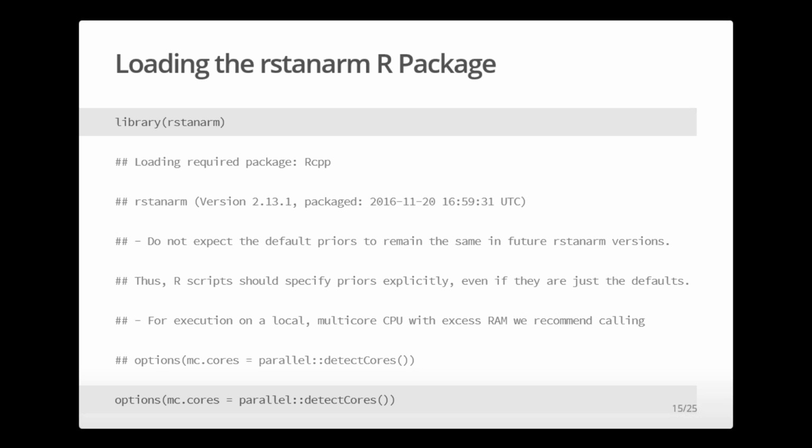The second thing that it tells you when you load the rstanarm package is that if you're doing this on your own laptop, most of those have multiple cores these days. As long as you're not running out of RAM when you do so, we recommend that you execute the analysis in parallel.